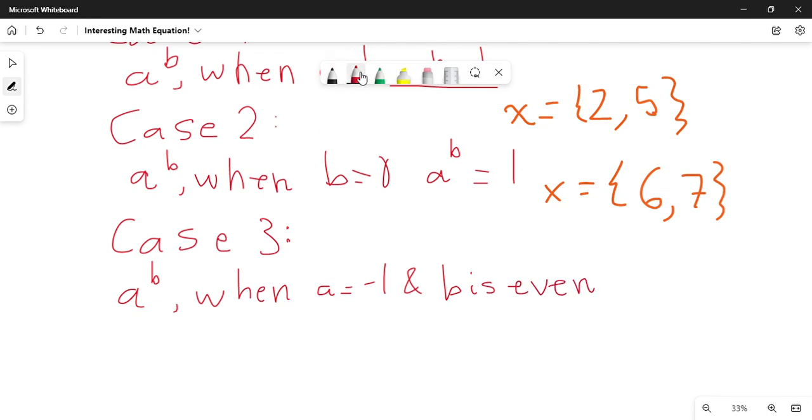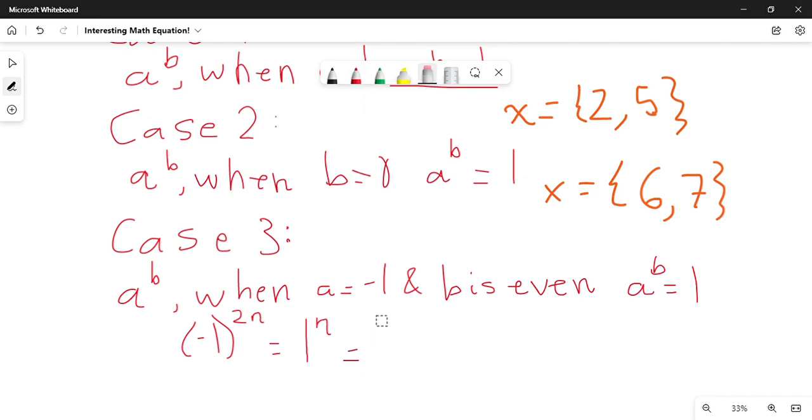That's because when we raise -1 to an even power, you can express the power as 2n, for some number n, and then -1 squared is just 1 to the n, which is just 1. So when a equals -1 and b is even, a to the b is also equal to 1.